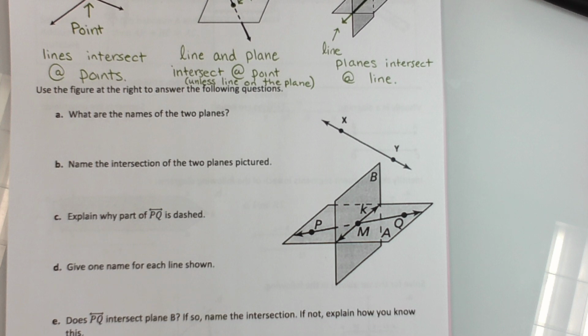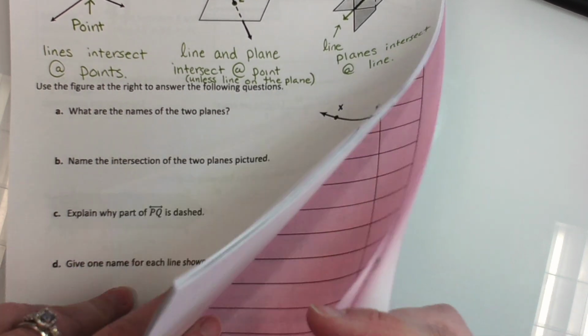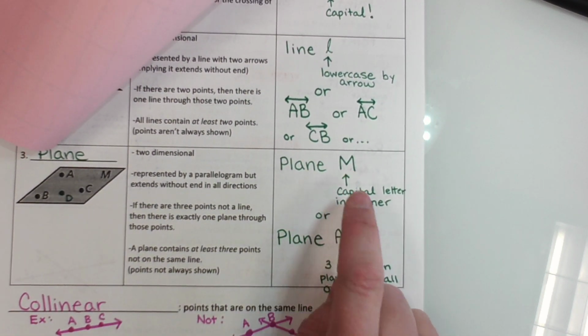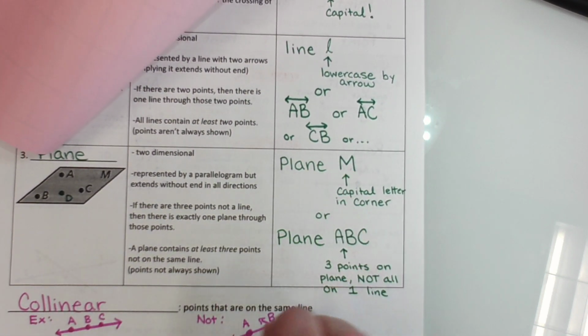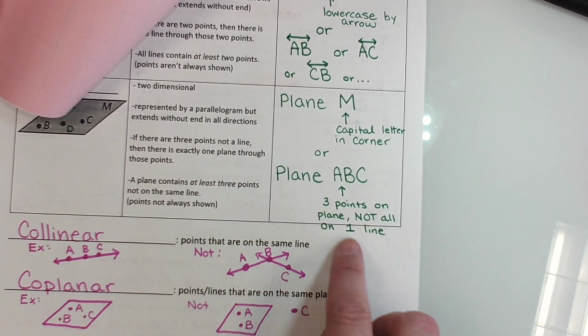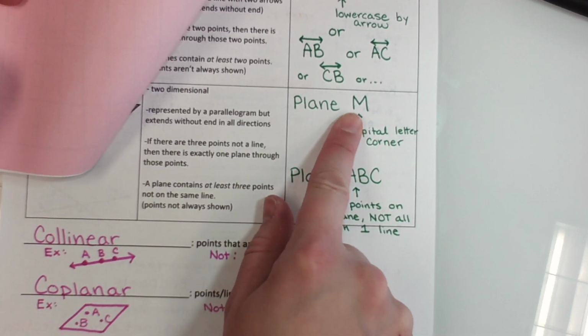When it comes to naming a plane, there's two different ways to do it. Option 1, there's a capital letter in the corner, specifically one that's not a point. Option 2, you grab 3 points that are on the plane, but they cannot all be on the same line. That one looks easier if it's available.